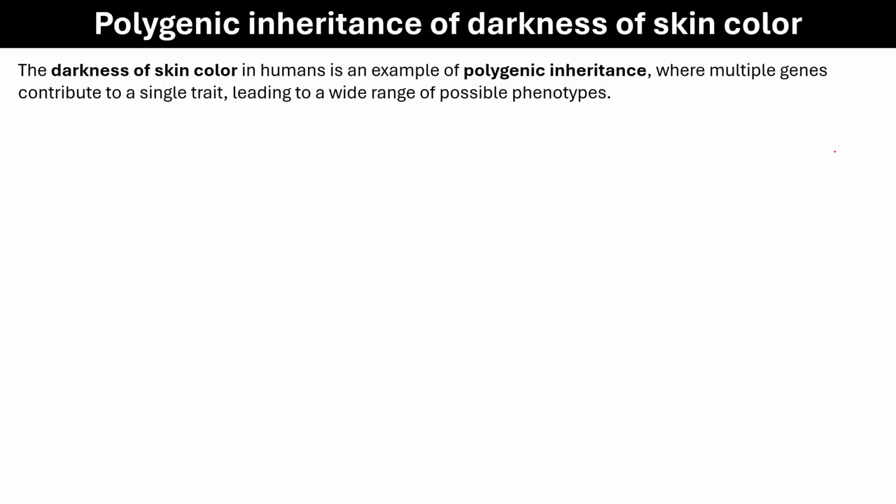So till now we have studied that there is one chromosome that comes from the mother, one chromosome that comes from the father, and there is one segment of gene that decides which one is dominant and which one is recessive, and then you get one kind of character. But here you would have polygenic inheritance.